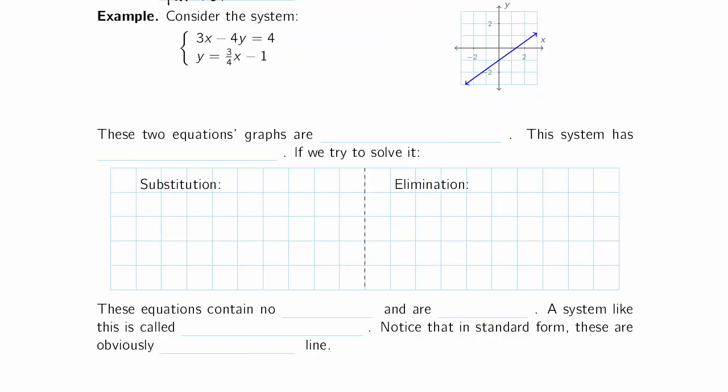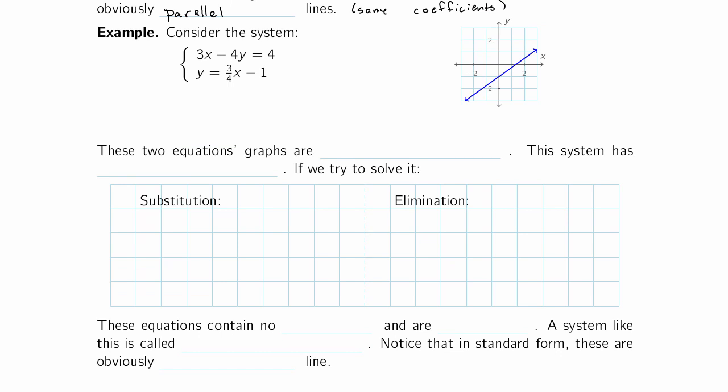Now, I said that two things could go wrong. What else could go wrong that would keep lines from intersecting at a point, other than being parallel lines? Well, take a look at this example. Looking at this example, you might be thinking, did I forget to graph one of the lines? And the answer is no, I didn't forget to graph one of those lines.